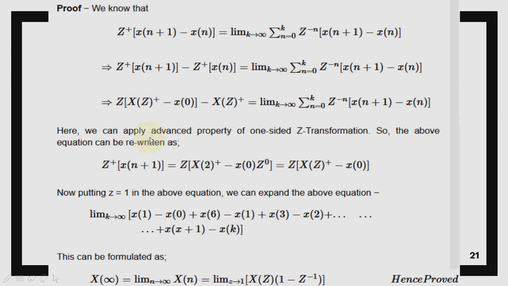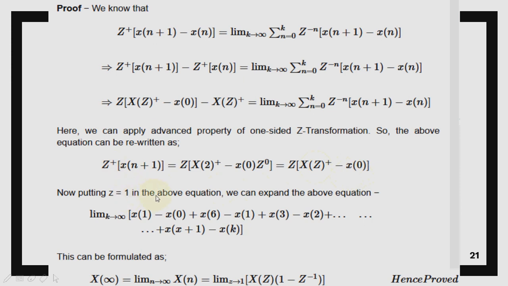Here apply the advance property of the one-sided z transform, so that the above equation can be written as z of X(z) minus x(0) z raised to 0, that is equal to zX(z) minus zx(0).